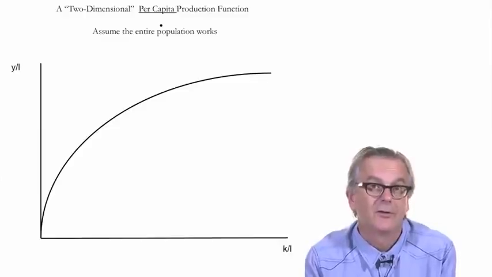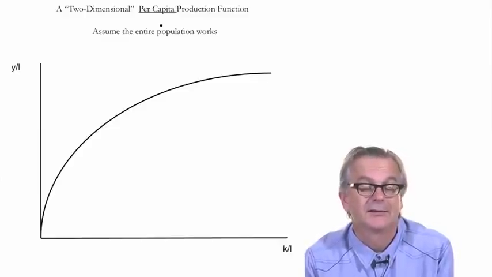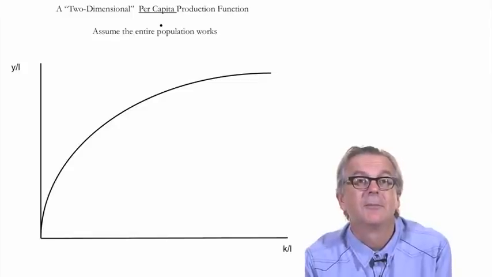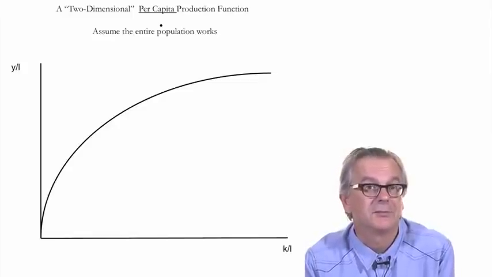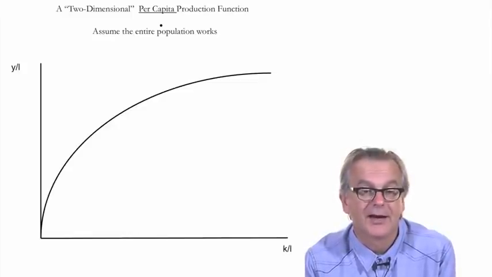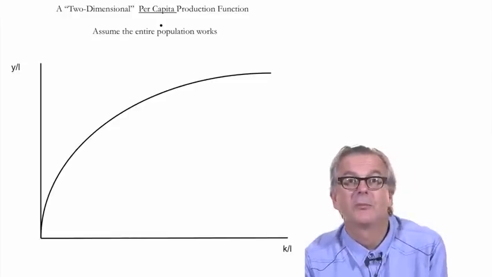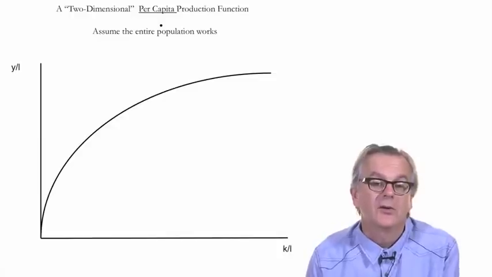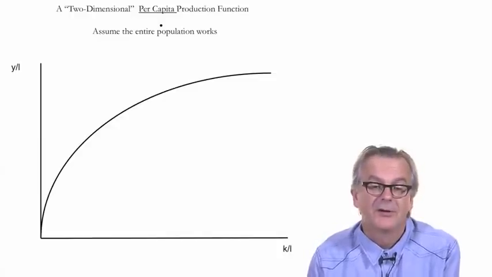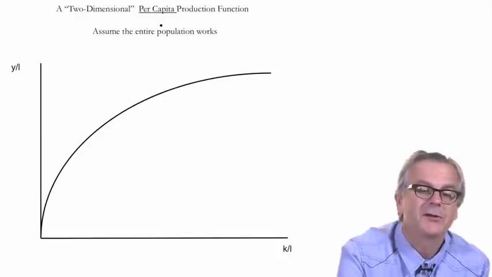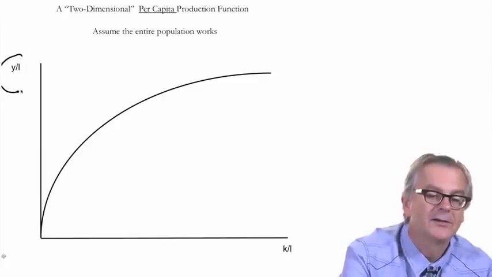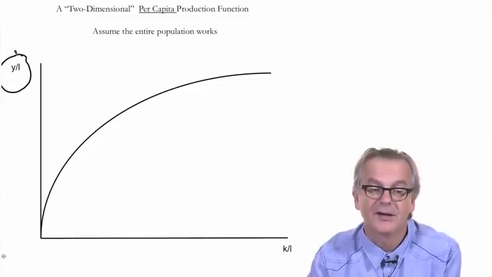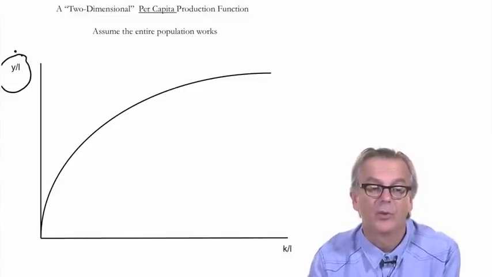Now, I don't have to assume that for this analysis that we're going to go through, but it absolutely makes things much, much simpler to show without actually adding any complications that we would necessarily have to be concerned about. So if we assume the entire population works and then measure on the vertical axis not just output as we did previously, but this time output per worker.